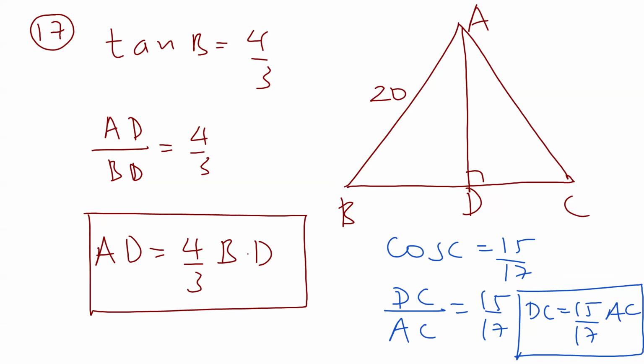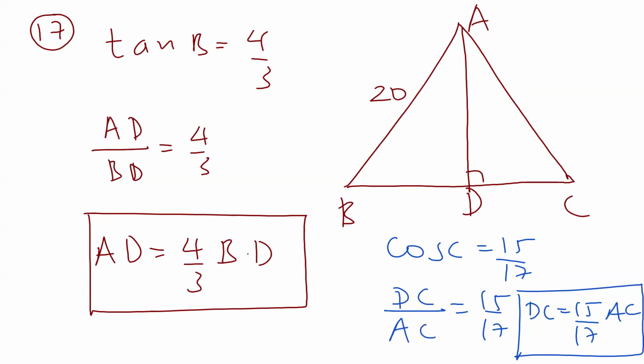Now see, in triangle ABD, by Pythagoras theorem, AB square is equal to BD square plus AD square.